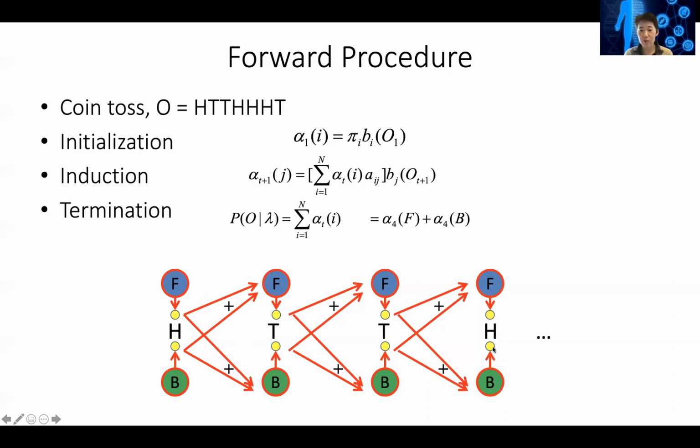And so I just add two numbers together and then I'm done. So you add the final two numbers, you will get the probability of that particular order of coin toss you observed. So that's the forward procedure.